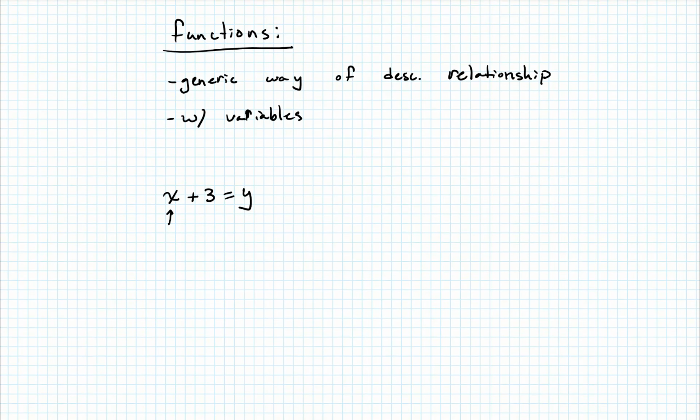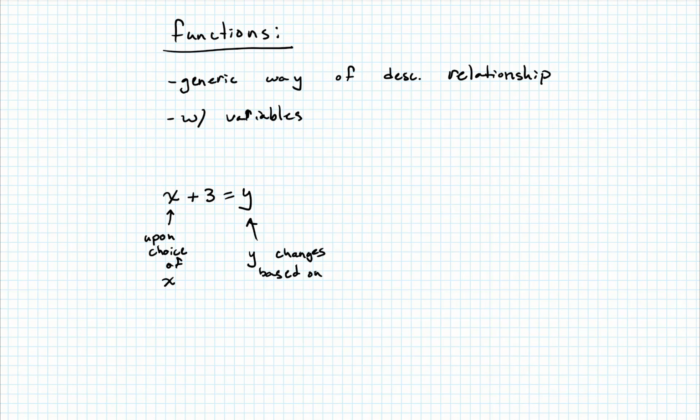And so we call this the independent variable. Depending upon the choice of x, we would get a different y. So y changes based on x.